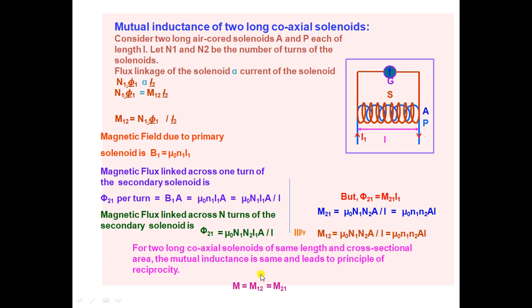Because of that, for two long coaxial solenoids of the same length and same cross-sectional area, the mutual inductance is same and leads to the principle of reciprocity. So M is equal to M12 is equal to M21. Here this is the expression.